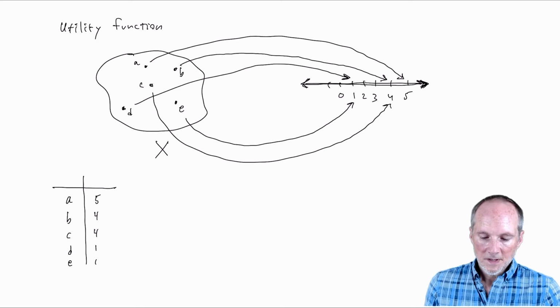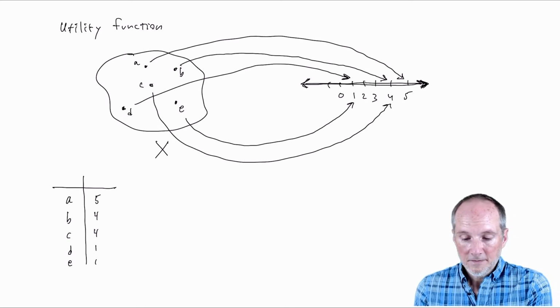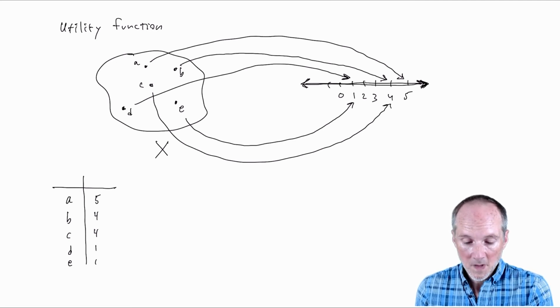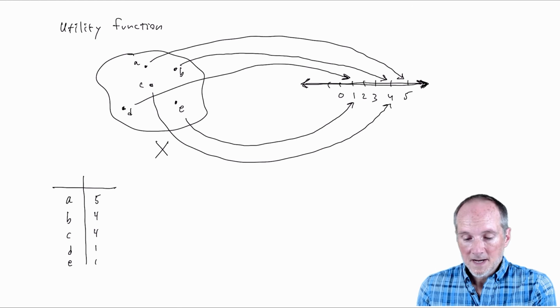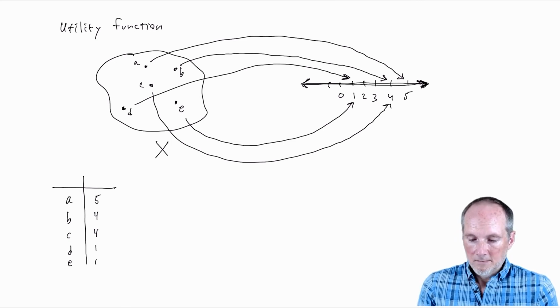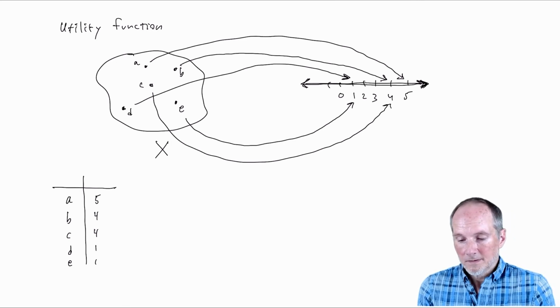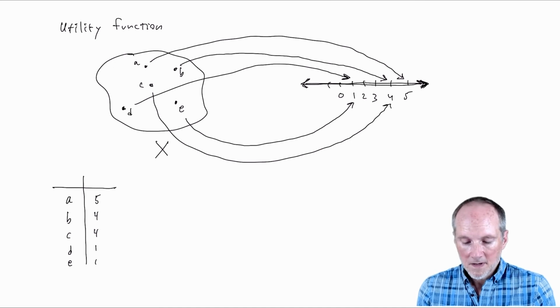You can see that A is the best alternative given the utilities I'm assigning here. B and C are the next best alternatives, because they get a 4 instead of a 5. D and E would be the worst alternatives given this assignment of utilities.